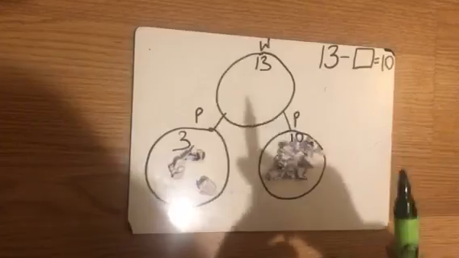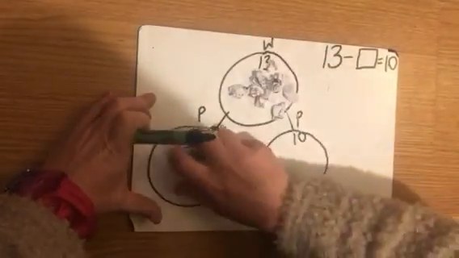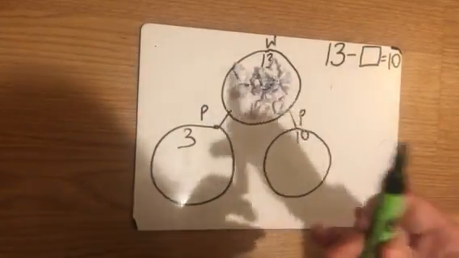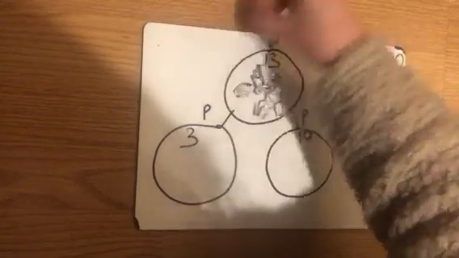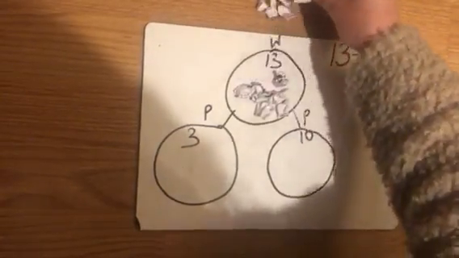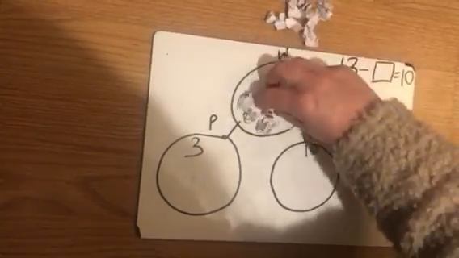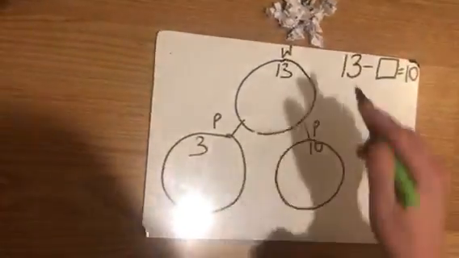So let's check. We're going to move both of our parts back into our whole, and then we can count them out, and we should have 13. 1, 2, 3, 4, 5, 6, 7, 8, 9, 10, 11, 12, 13. So that's right.